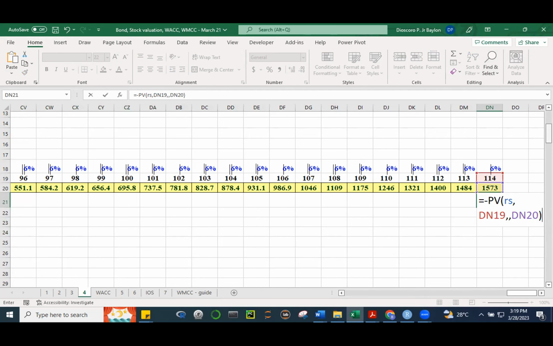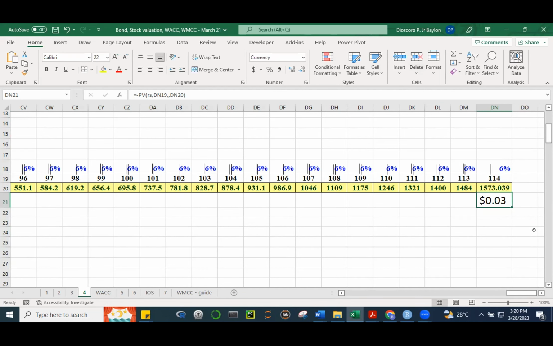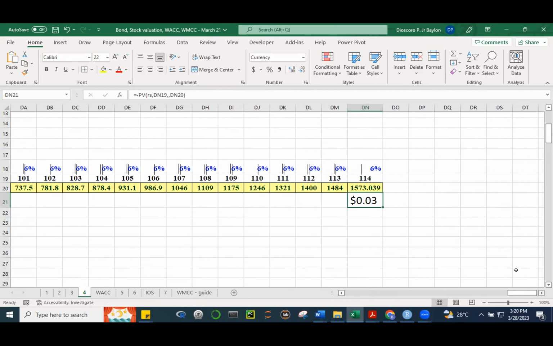So what's the present value of 1,573 pesos in 114 years? Let's see. So it's just 3 centavos. So if we go further, we know that this will really diminish. The present value will keep on going down until it's practically zero.